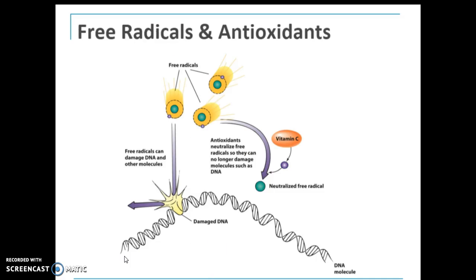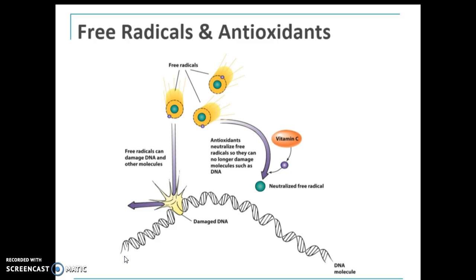Free radicals and antioxidants. So as you can see here, free radicals are what we typically associate with diseases like atherosclerosis. We talked about oxidized LDL, free radicals attacking LDL, or cancer or aging.